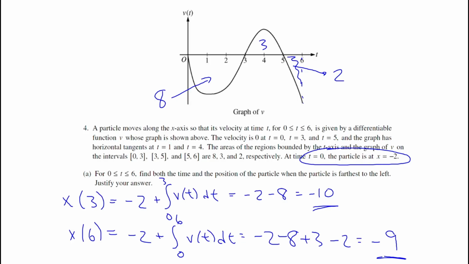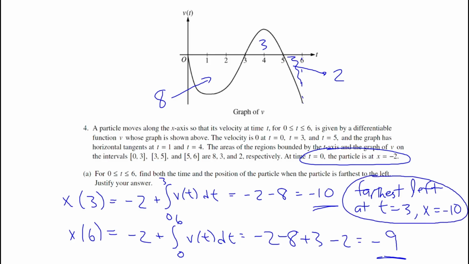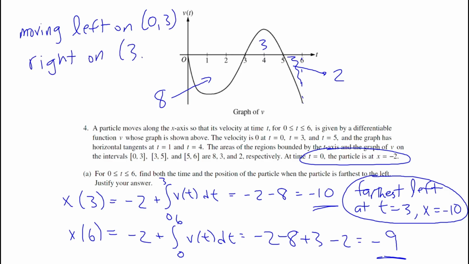So we'll say farthest left at t equals 3 when x is -10. And it's always good to make a note that we said it was moving left on 0 to 3, right on 3 to 5, and left on 5 to 6.